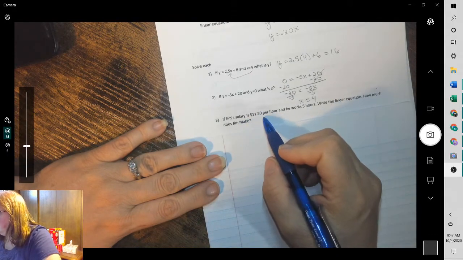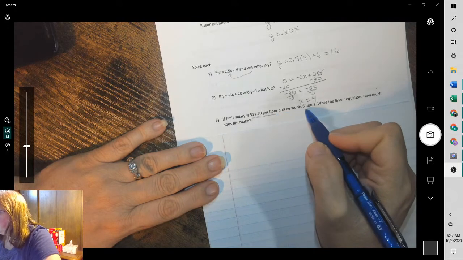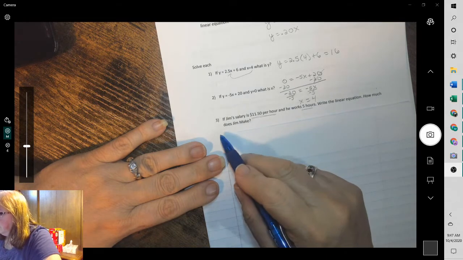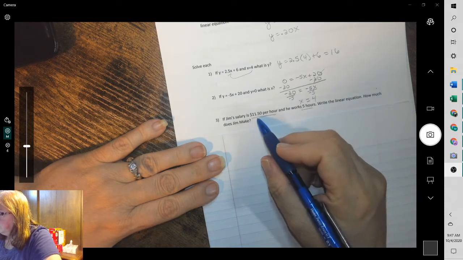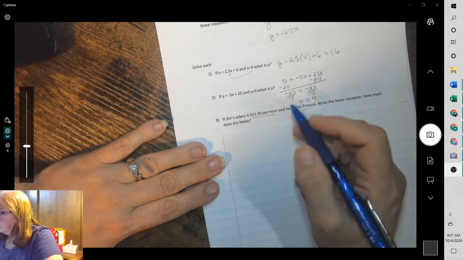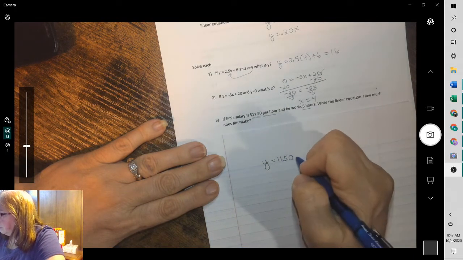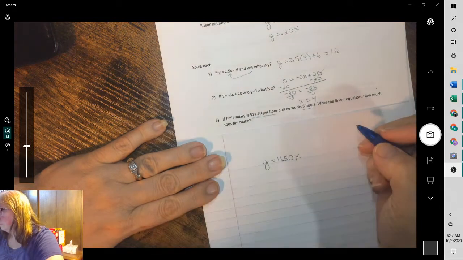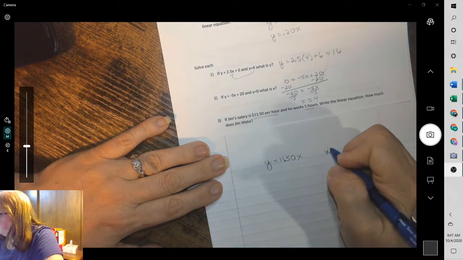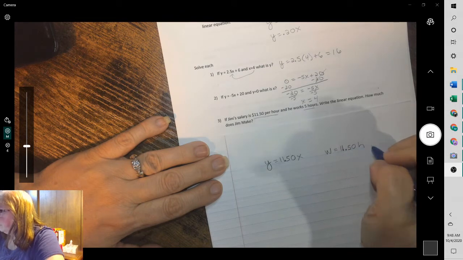If Jim's salary is $11.50 per hour rate and he works 5 hours, write the linear equation and then how much does Jim make? So first the linear equation, he makes $11.50 an hour. Doesn't say anything else, just the rate of change. So y equals $11.50 per hour. Now if you wanted to use variables, this would be his wage, and he makes $11.50 per hour.